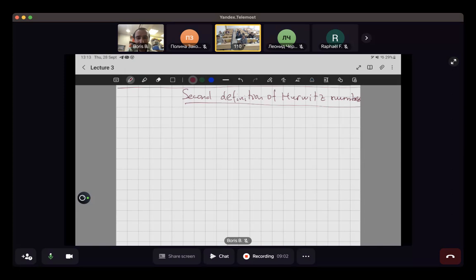So H_{g,mu} is equal to the following: 1 over |Aut|, a sum over all ramified coverings of the sphere, this two-dimensional sphere.